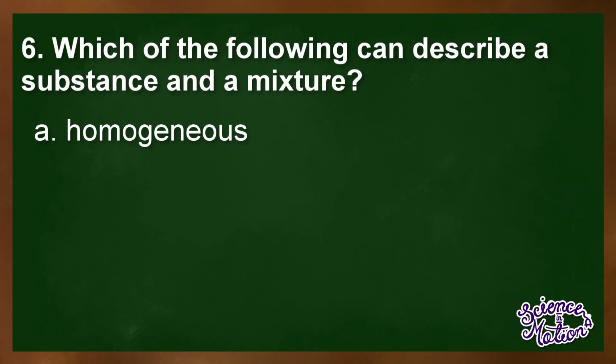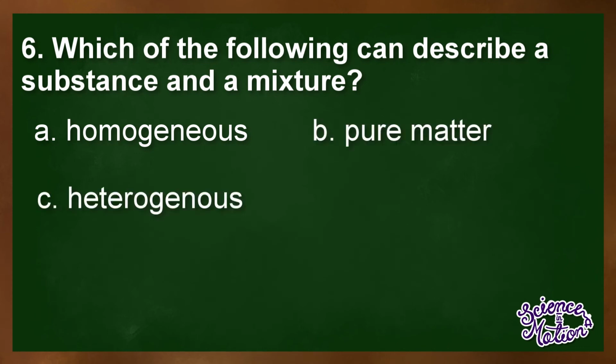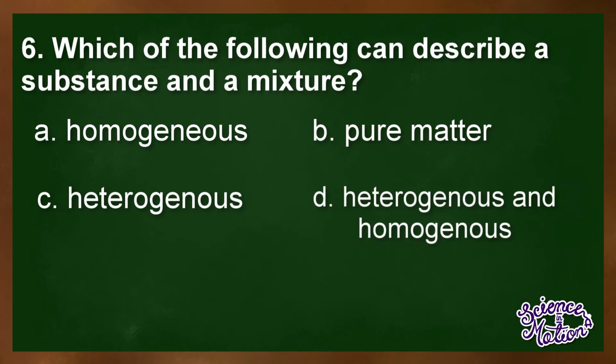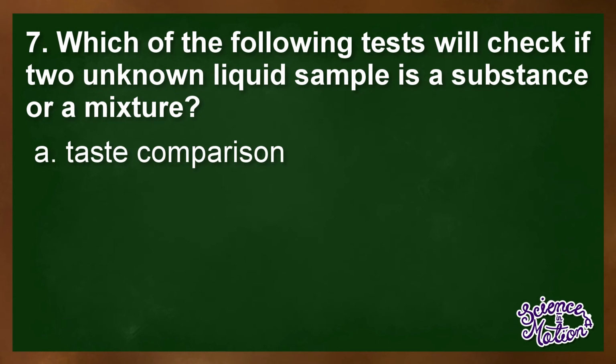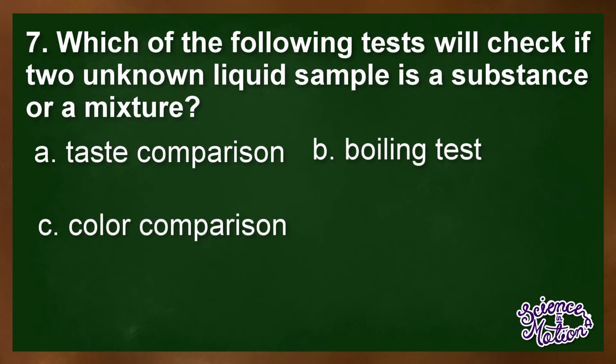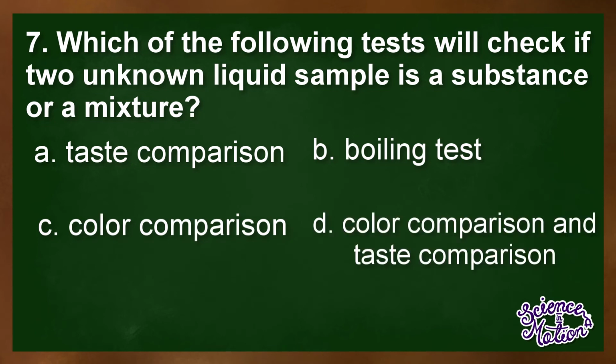A. Homogeneous, B. Pure matter, C. Heterogeneous, or D. Homogeneous and heterogeneous. 7. Which of the following tests will check if two unknown liquid samples is a substance or a mixture? A. Taste comparison. B. Boiling test. C. Color comparison. Or D. Color comparison and taste comparison.